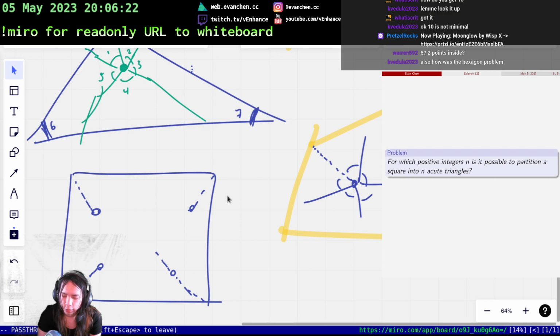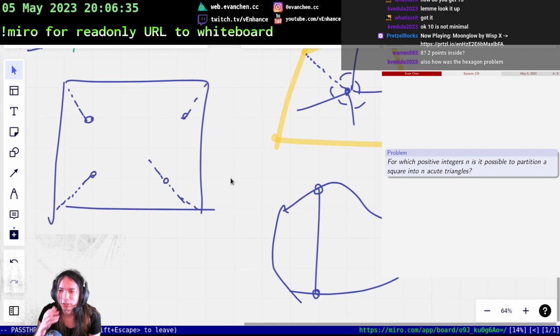Hang on. If you have a polygon, and then you do something like this, does one of the polygons have at most as many sides as the first one? That's got to be true, right?